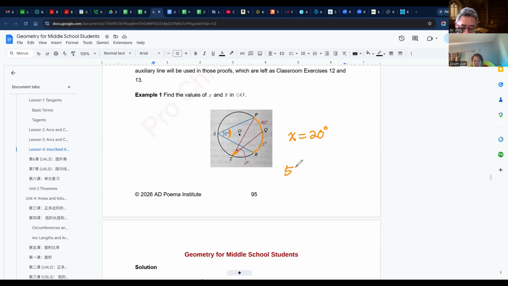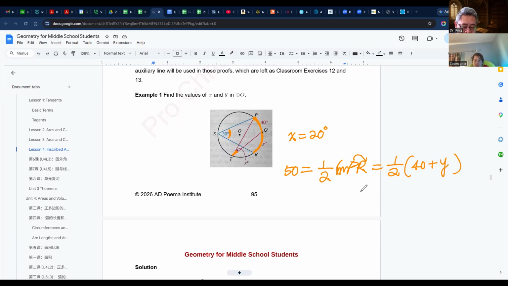So 50 degrees is half of the measure of arc PR. But PR is two parts: one is 40 degrees and the other is y.